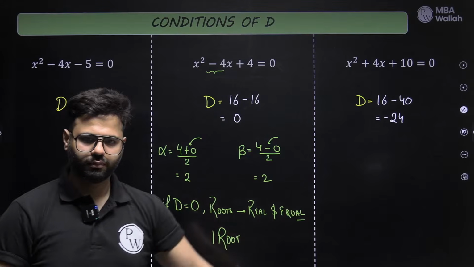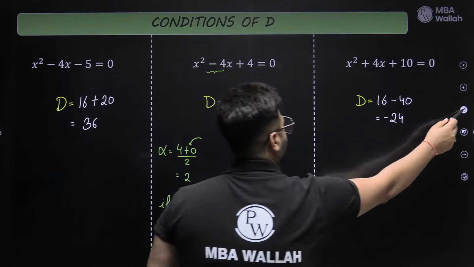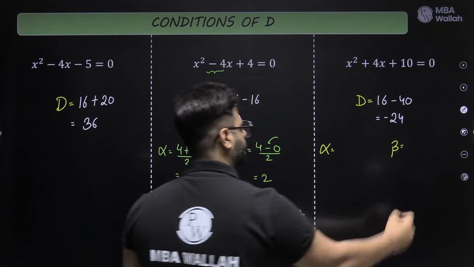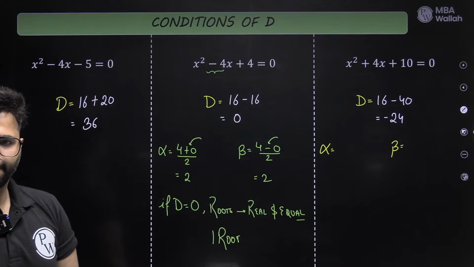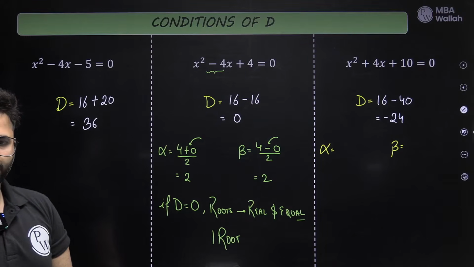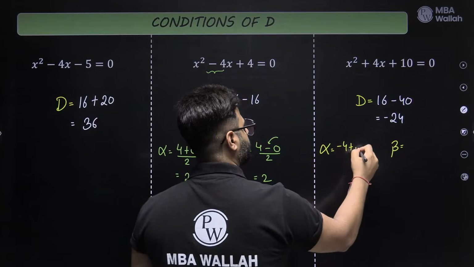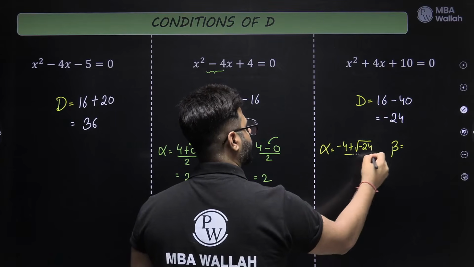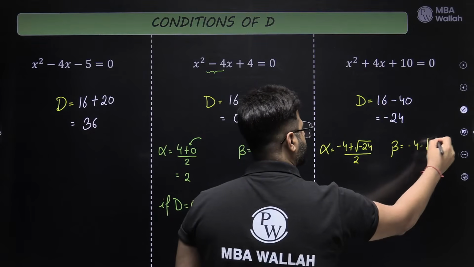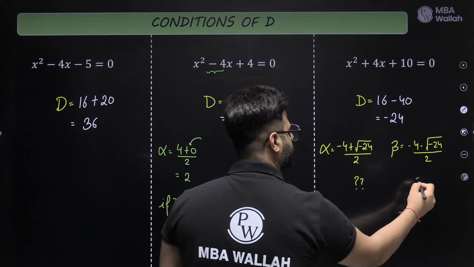Solve this one, what happens? So if I try to solve this one, what happens, guys? So no real root. Why? Because now when you go ahead and apply minus 4 plus root d, we get minus 24 under the root, and minus 4 minus root of minus 24, and then we cannot further solve it.